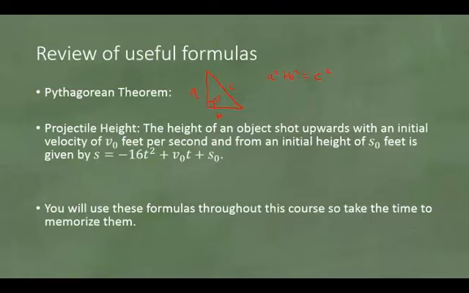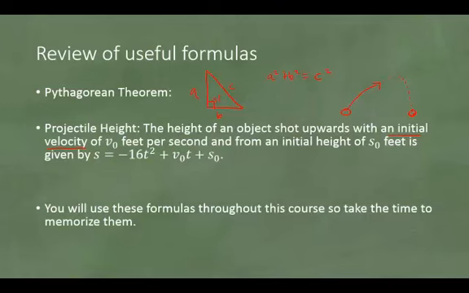Projectile height. So imagine yourself taking an object and shooting it up into the air with some initial velocity, some initial speed. It'll shoot up in the air and eventually it'll drop back down and hit the ground. That's called projectile motion.